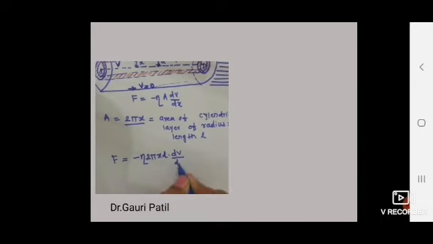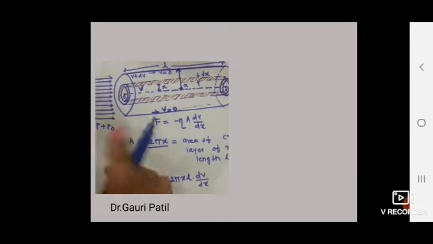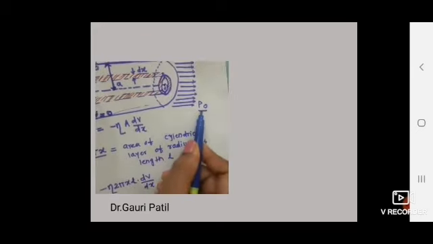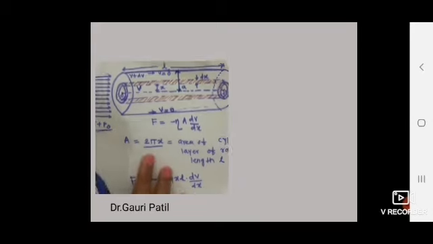dV by dx. Here, as we know, the pressure at the input is P plus P0 and the pressure at the output is P0.